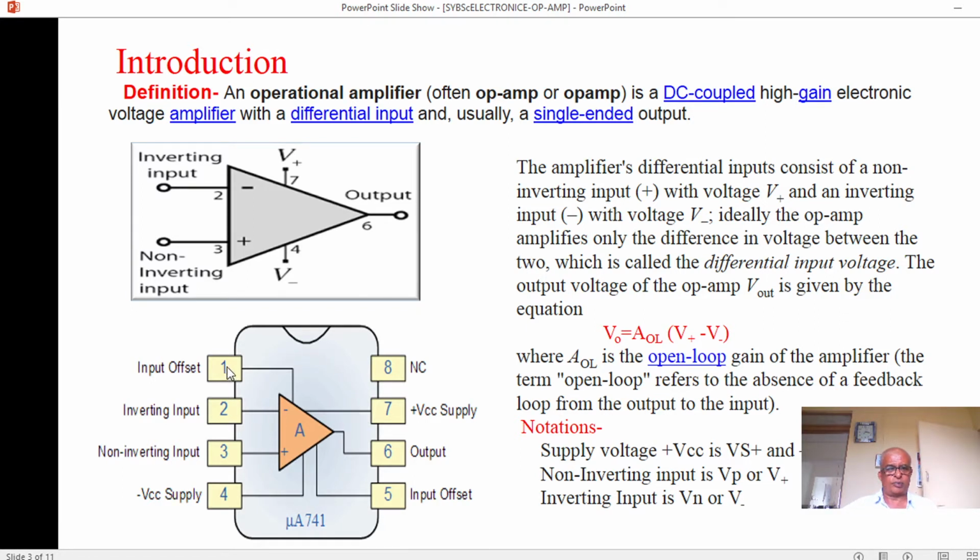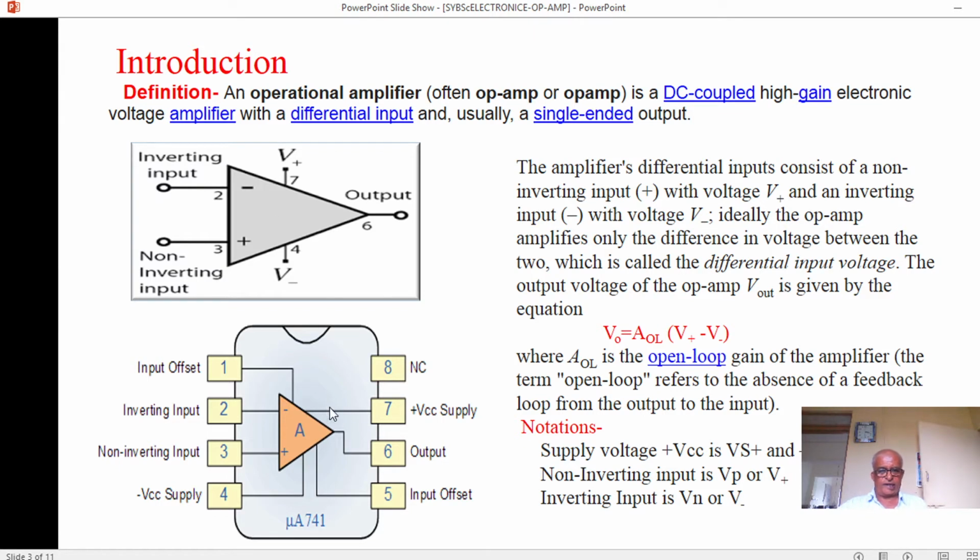So here, first, 2, 3rd, 4th, 5, 6, 7, 8. So this is an 8 pin IC in dual line package form. Dual line means one line is reserved for 4 pins and another line is reserved for 4 pins. So this is also called a dual line package, and this is the symbol for this op-amp.